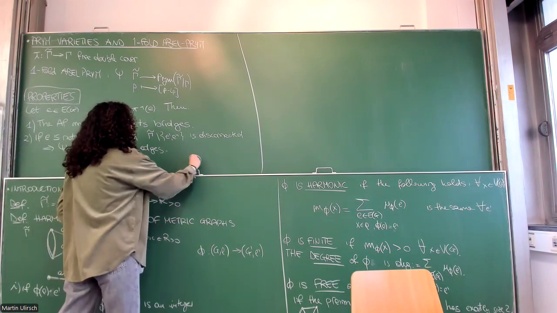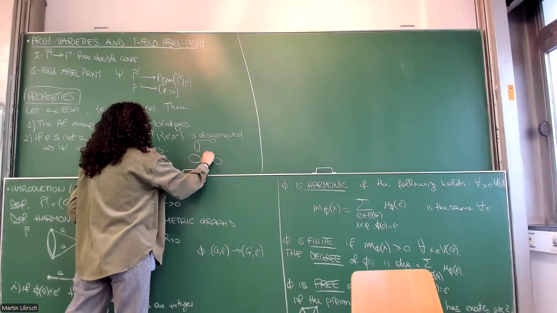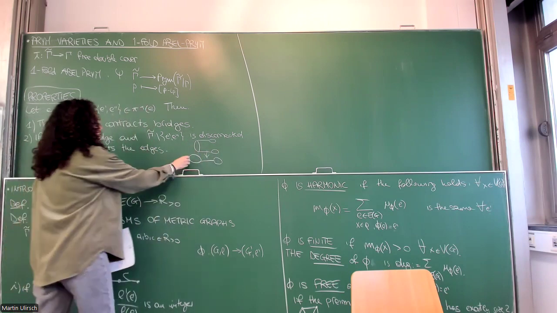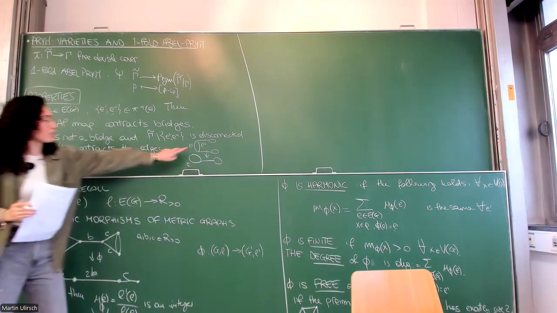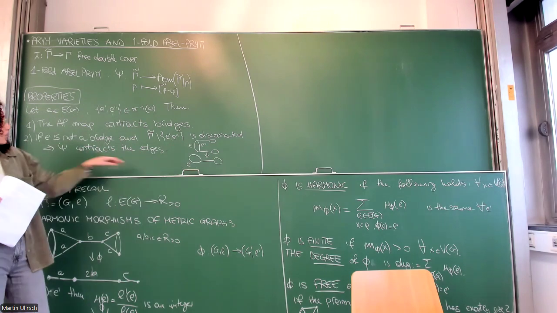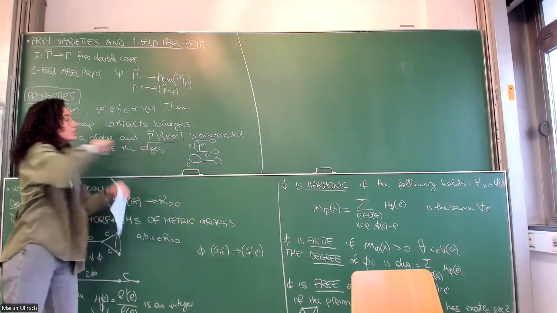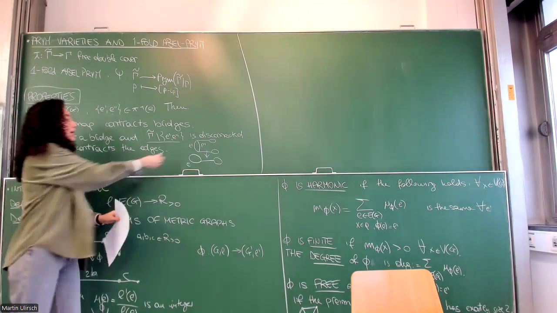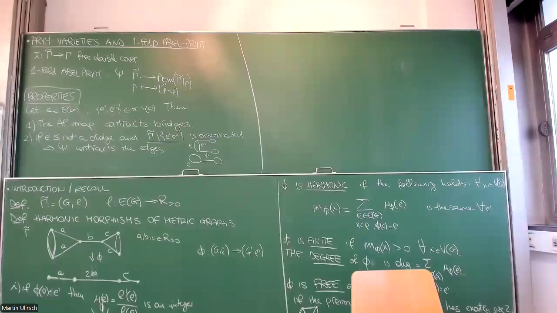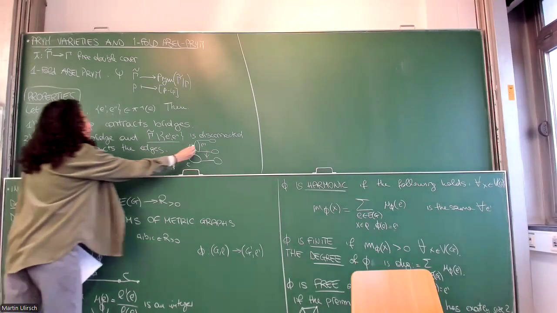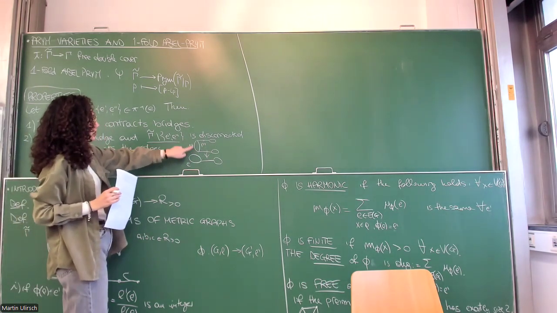So E is not a bridge and the preimage disconnects. If this is E, this is E prime, these are the two preimages. We don't have a loop downstairs, but gamma tilde minus these two edges is disconnected. Here we can find infinitely many divisors linearly equivalent to each other on these two edges, and also on the bridges. So the Abel-Prym map contracts the bridges and also these two edges.